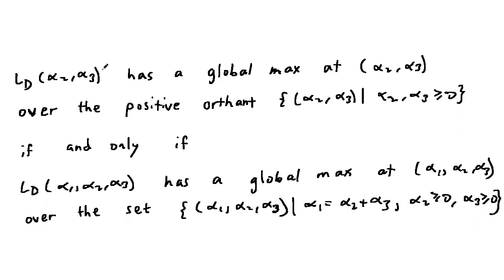L sub D of alpha 2, alpha 3 has a global max at (alpha 2, alpha 3) over the positive orthant if and only if L sub D of alpha 1, alpha 2, alpha 3 has a global max at (alpha 1, alpha 2, alpha 3) over the set of all vectors where alpha 1 is alpha 2 plus alpha 3, and alpha 2 and alpha 3 are both greater than or equal to 0.